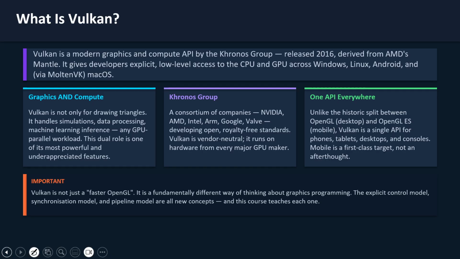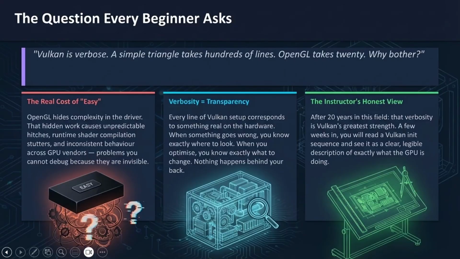Where do I begin with Vulkan? Like I mentioned, Vulkan is a bit verbose. So how do you want to start? You want to start with something new, which is very simple, right?